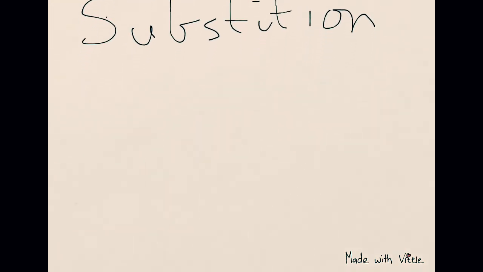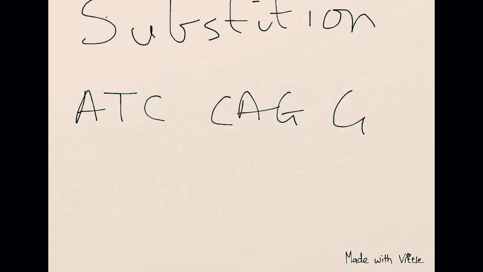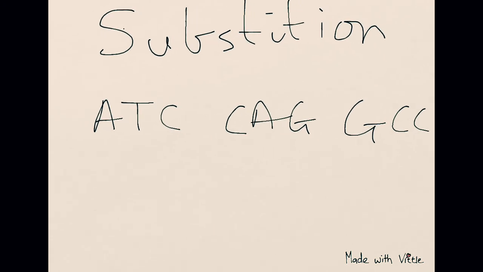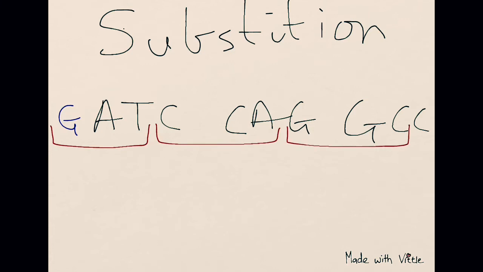So here is the original base sequence that we had. We had ATC, if I remember, CAG and GCC. To start with, we're going to look at how an addition mutation might work. Let's make that a little bit smaller and move it across. If I add a new base, let's say I add a G here, for example, the way that we read these codons is going to be slightly different, because now this is going to be a codon, and this is going to be a codon, and this is going to be a codon.